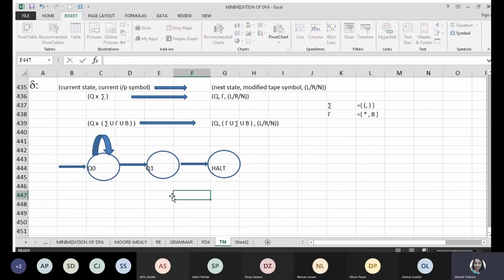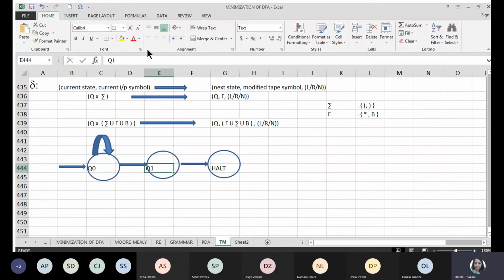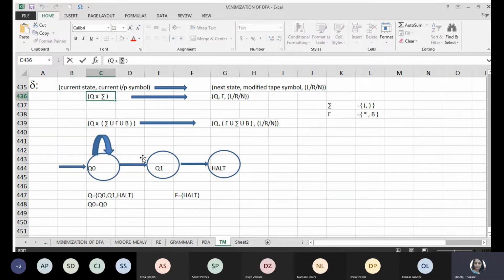So here Q will have the value Q0, Q1 and halt. Capital F will have value halt, which is the set of final states. Q0 will be Q0 itself. Then sigma. Likewise, you should be able to write the values of each and every tuple.